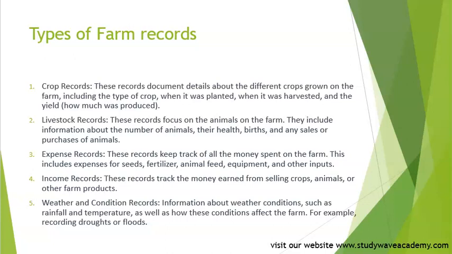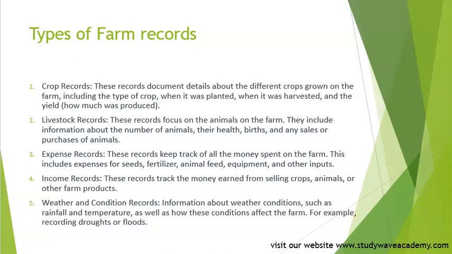So the crop records are about the details of the different crops grown on the farm, the types of crops, when they were planted, when they were harvested, how much fruit they bear. Then the livestock records are about the animals on the farm, the number of animals, their health, births, and any sales of the animals.